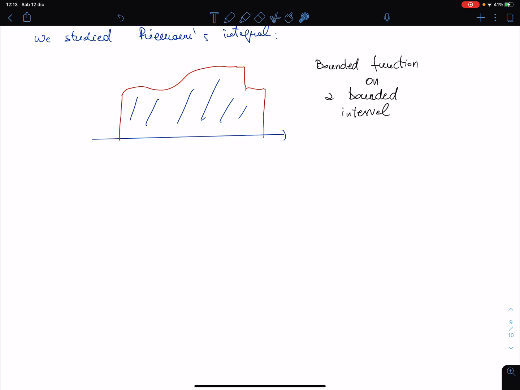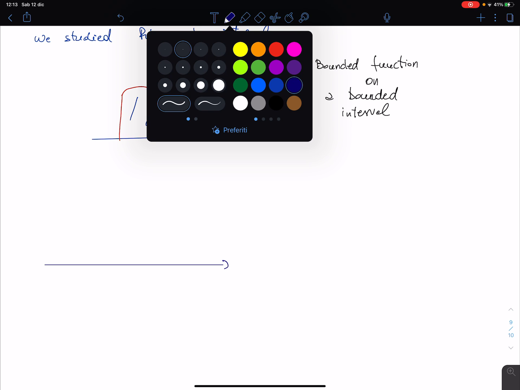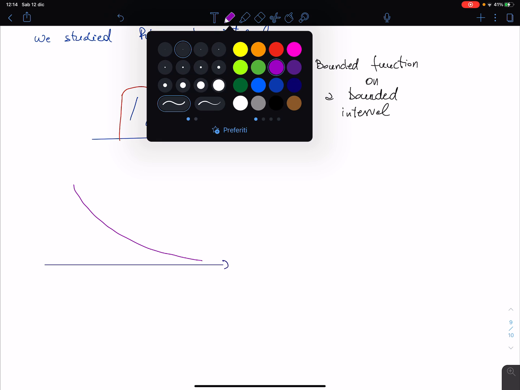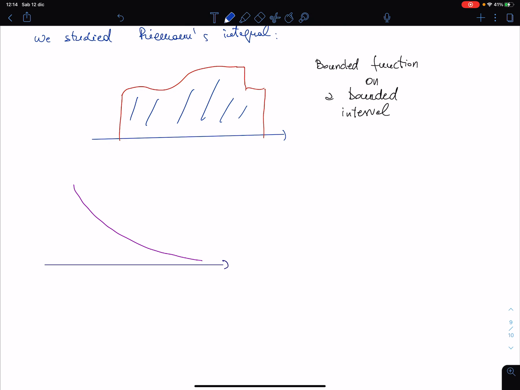So here you have, for instance, the first type of improper integral. Consider a function, for instance, e to the minus x, on the interval 0 to plus infinity.